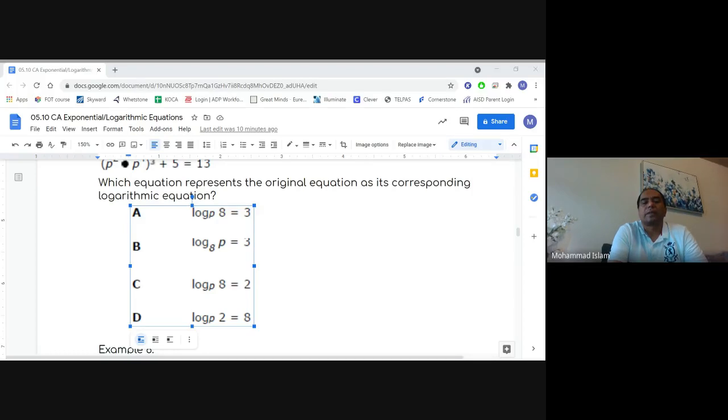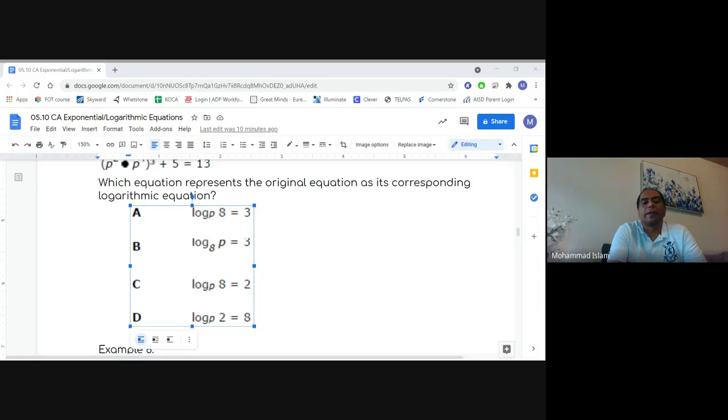And then 2 comes out, log p of p is 1. So then you will have 2 is equal to log base p of 8. So this is your final answer. And when you compare here, this answer is the same as this answer. So your option C is correct.